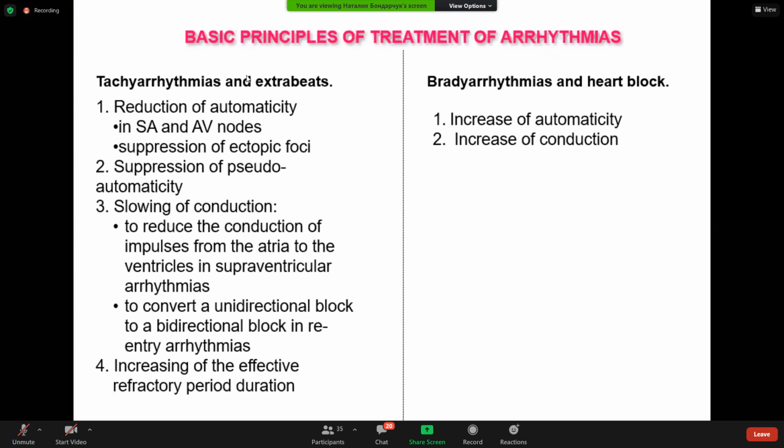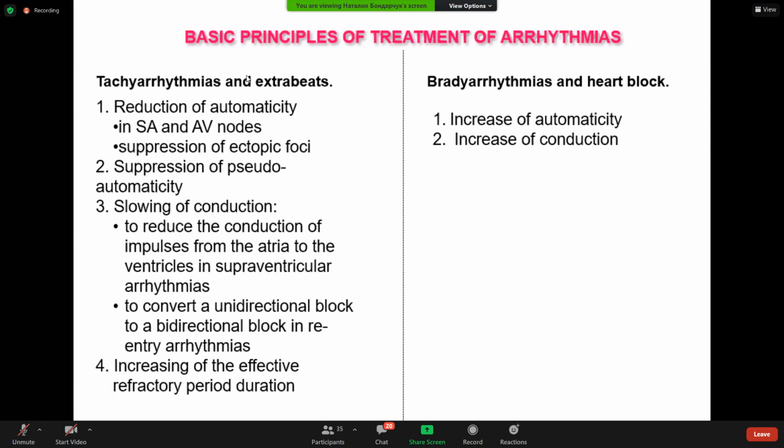So, basic principles of treatment of arrhythmias. To treat tachyarrhythmias and extra beats, antiarrhythmic drugs must cause reduction of automaticity in the sinoatrial node and AV node, and also must cause suppression of ectopic foci. The second possible operation is the suppression of pseudo-automaticity or slowing of conduction. How can drugs decrease conduction?